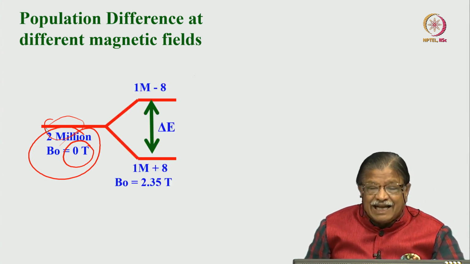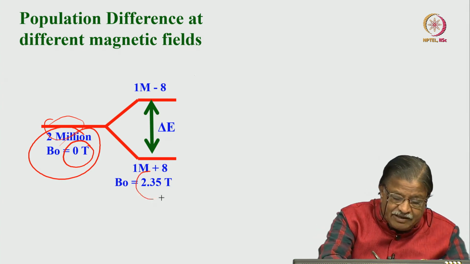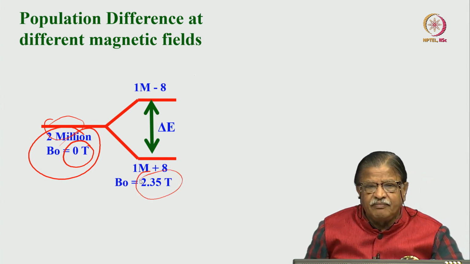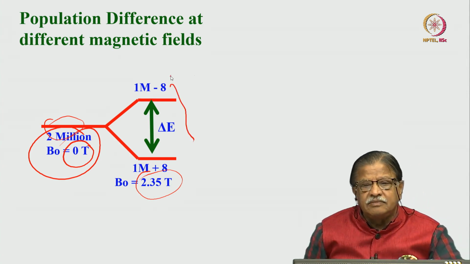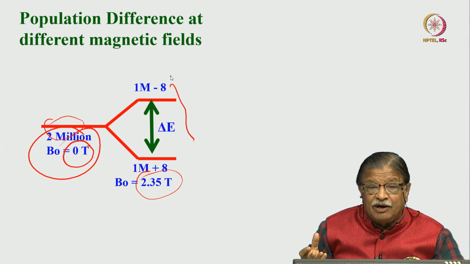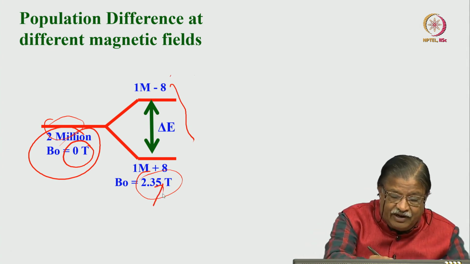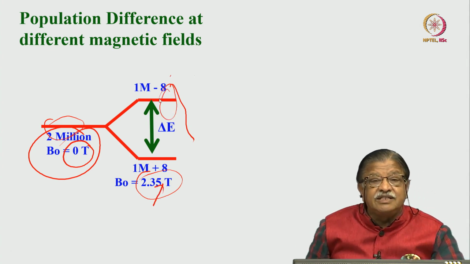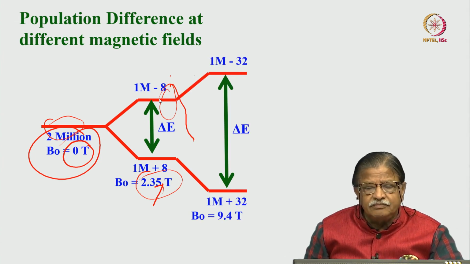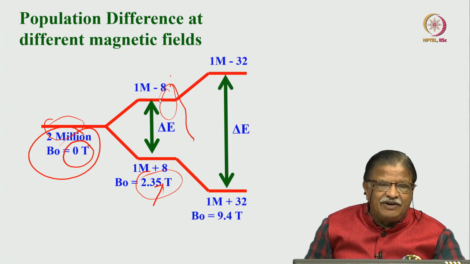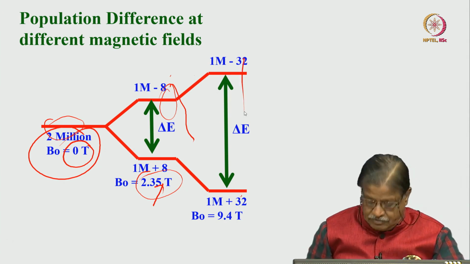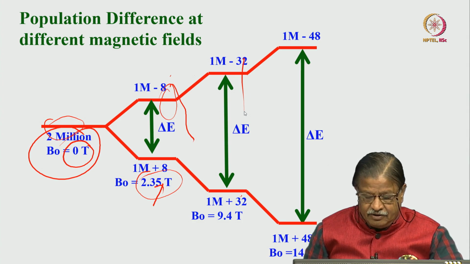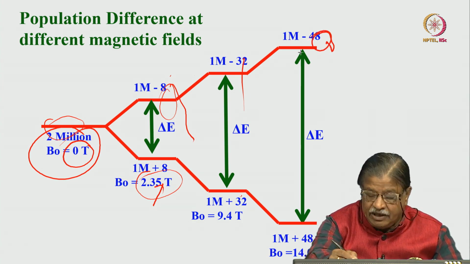Now I increase the magnetic field to 2.35 Tesla, and the population difference turns out to be 16. That is all. Among 2 million spins, the population difference is only 16. Increase the magnetic field 3 or 4 times, and it becomes 64. Increase it again to 14 Tesla, and the population difference is now 96.